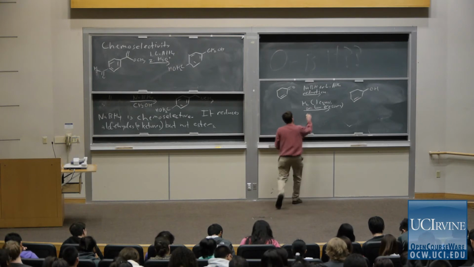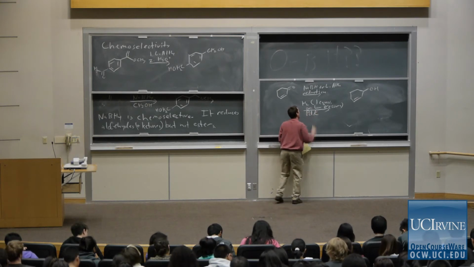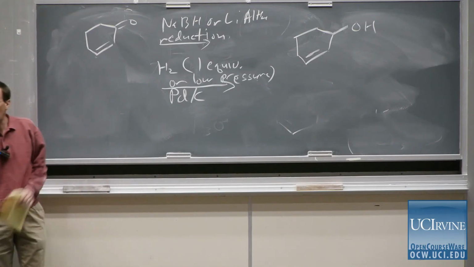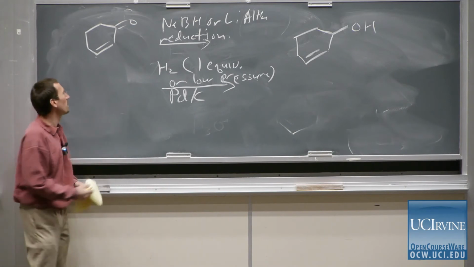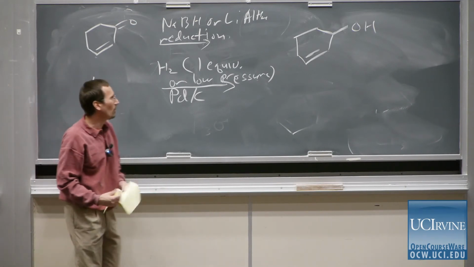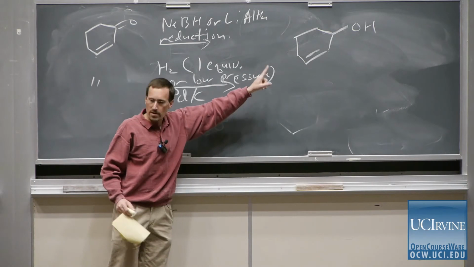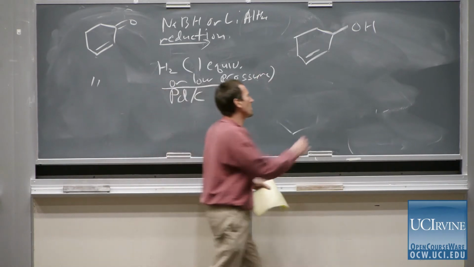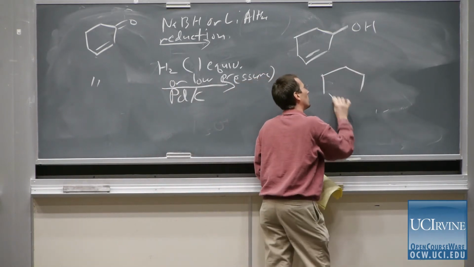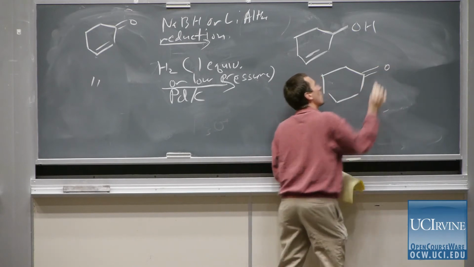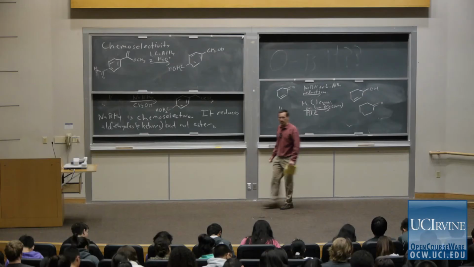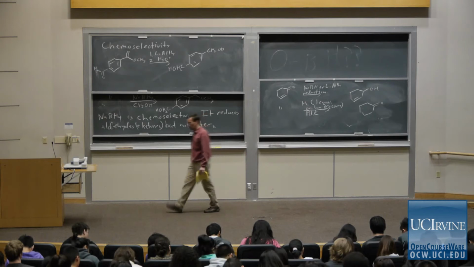And you do this in the presence of a palladium on carbon catalyst or a platinum catalyst. Your textbook uses palladium on carbon as an example. You can selectively reduce the carbon-carbon double bond, and so go from cyclohexenone to cyclohexanone.